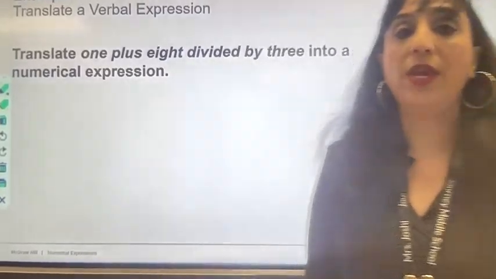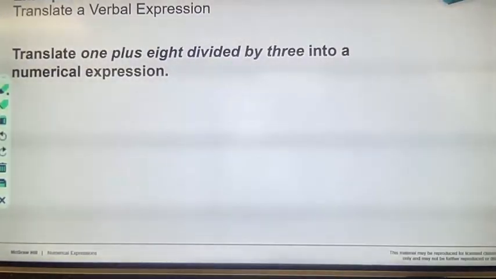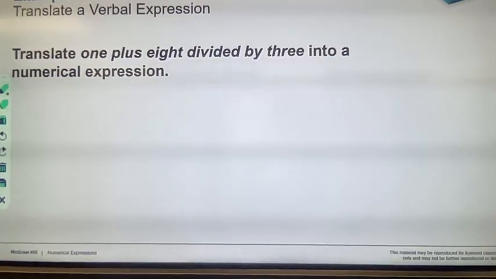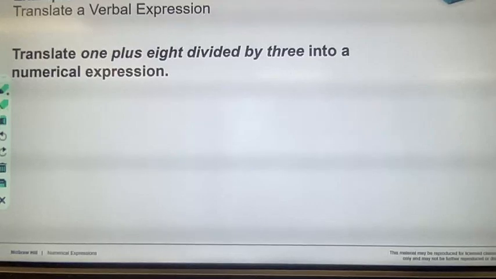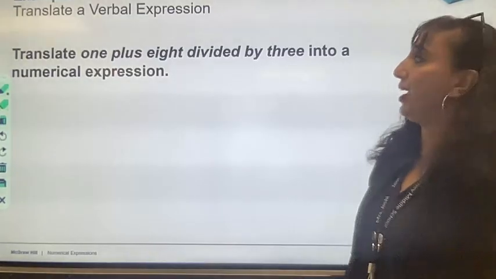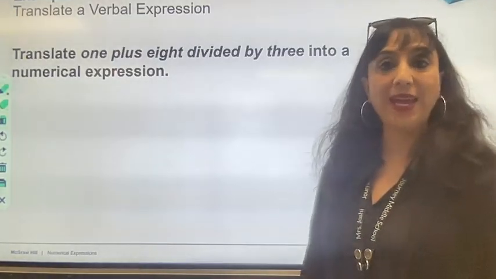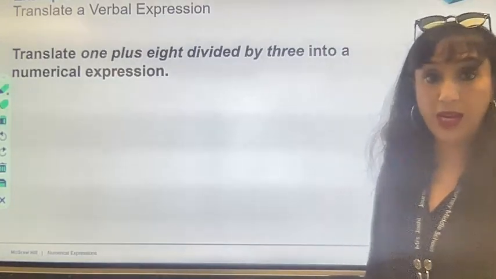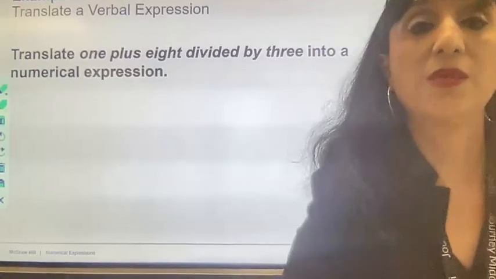All right. So we are going to translate a verbal expression now. And as you can see, what is it saying in this? It is saying translate 1 plus 8 divided by 3 into a numerical expression.